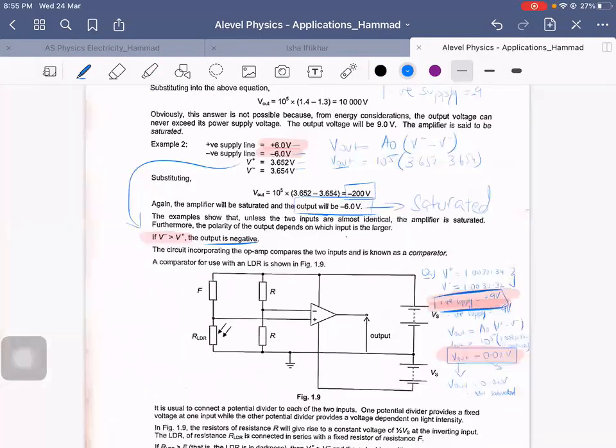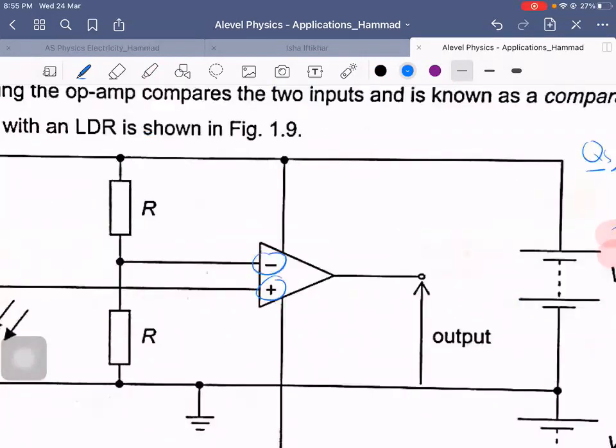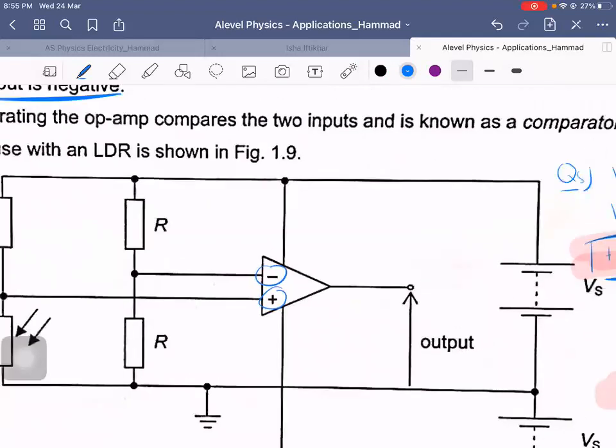An ideal operational amplifier is a comparator circuit, meaning to say it compares the voltage value at the positive and the negative inputs, and therefore decides the output.